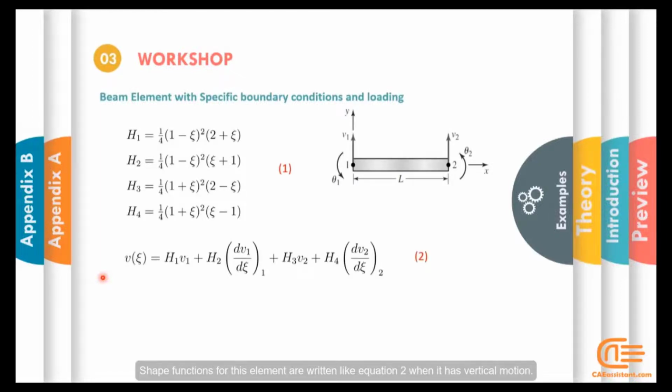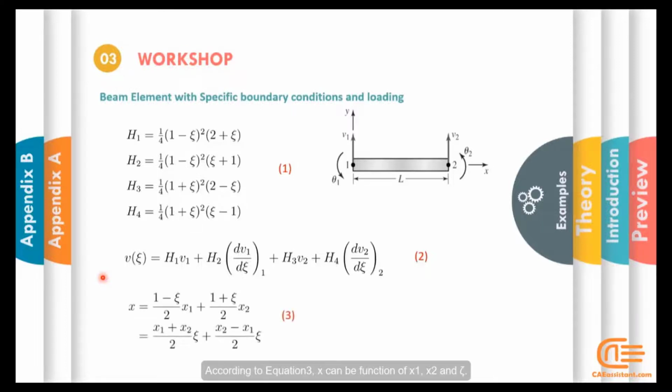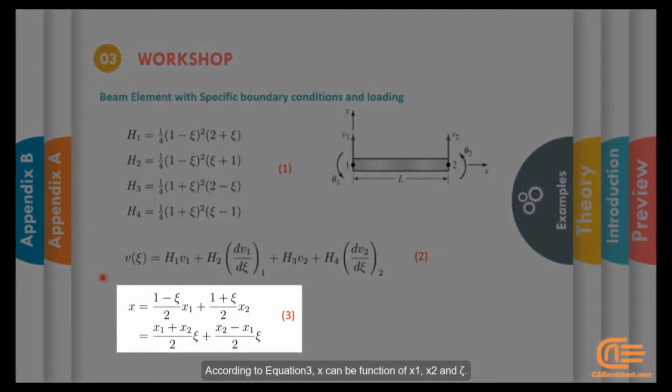Shape functions for this element are written like equation 2 for vertical motion, in which h1 and h4 are defined according to equation 1. Zeta is the coordinate of the integral point, like the previous workshop, s divided by L. According to equation 3, x can be a function of x1, x2 and zeta.